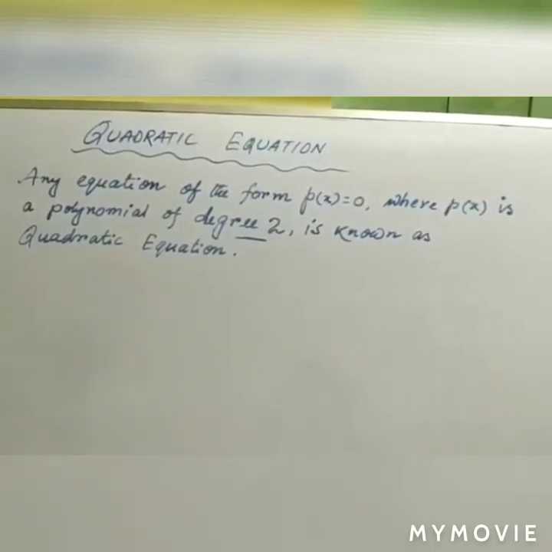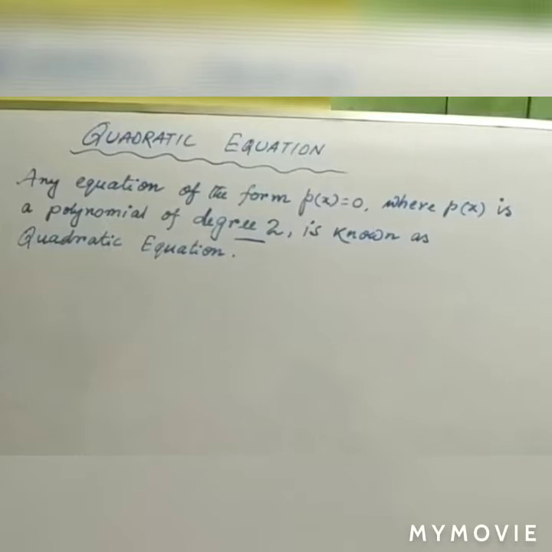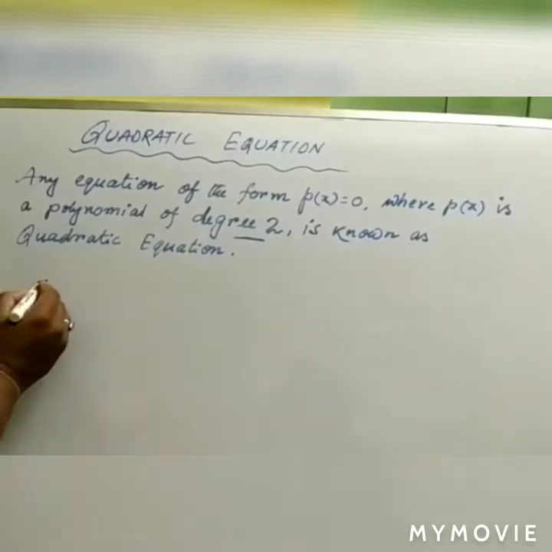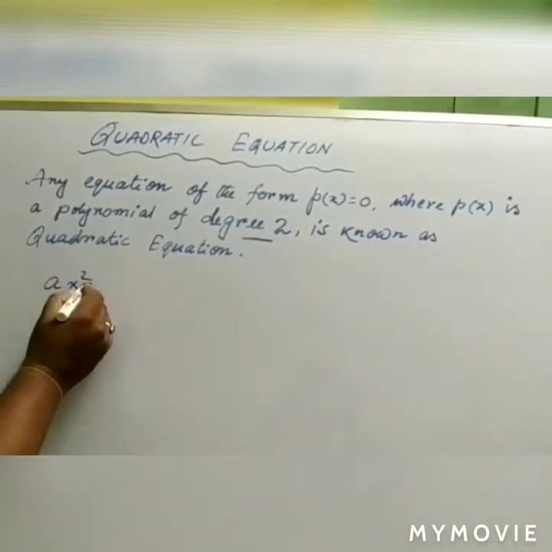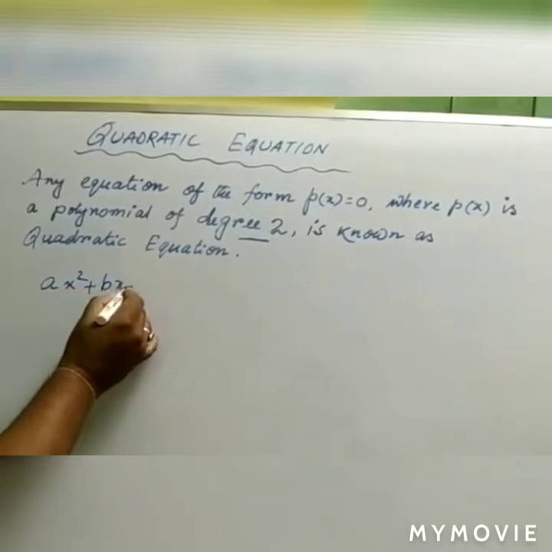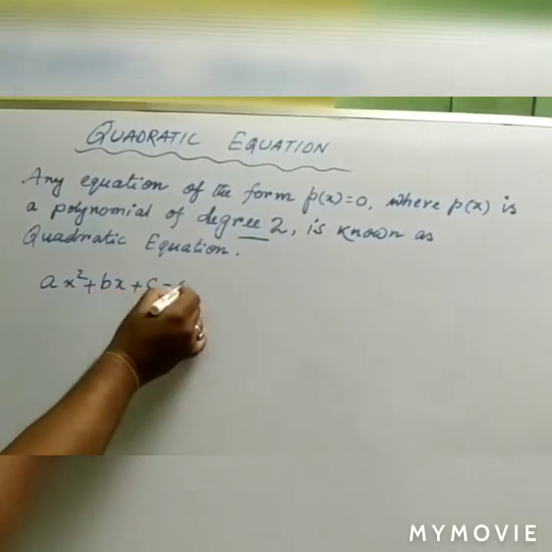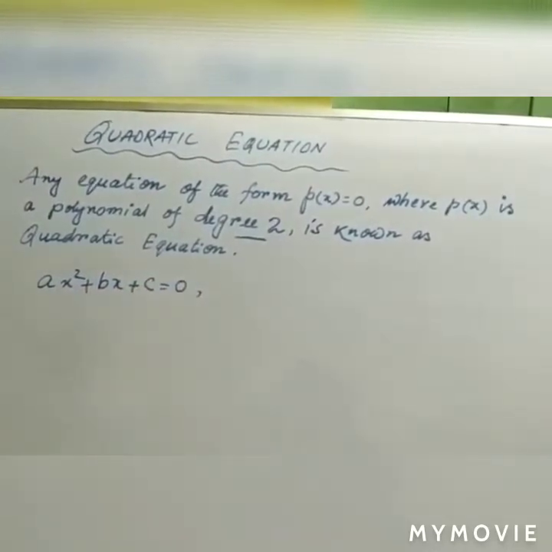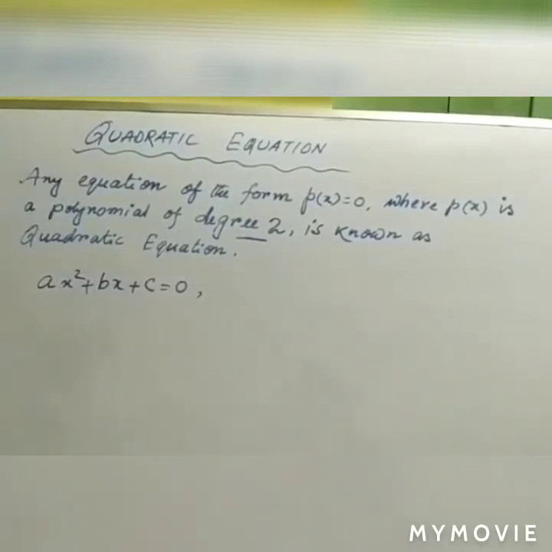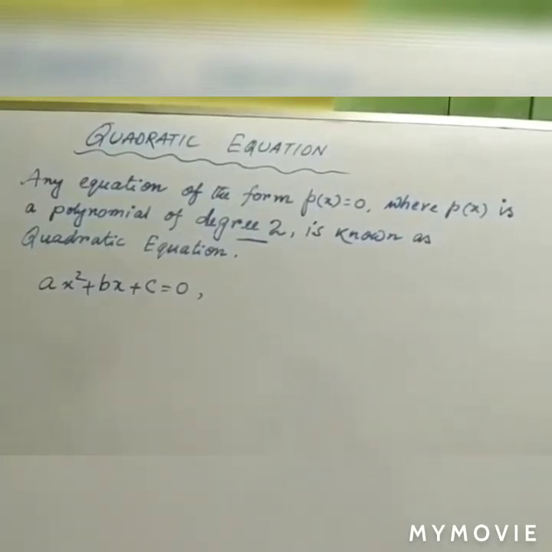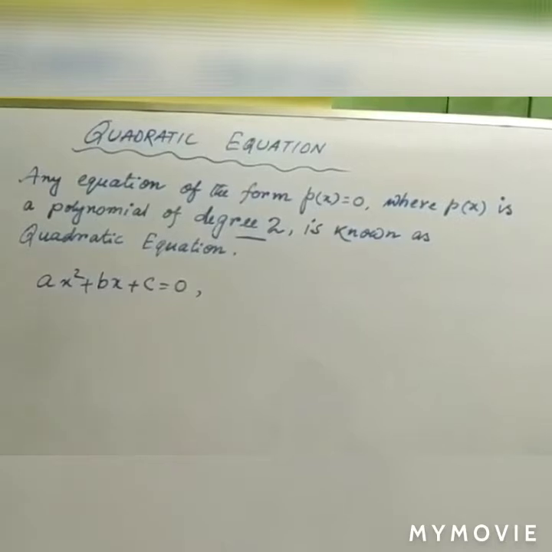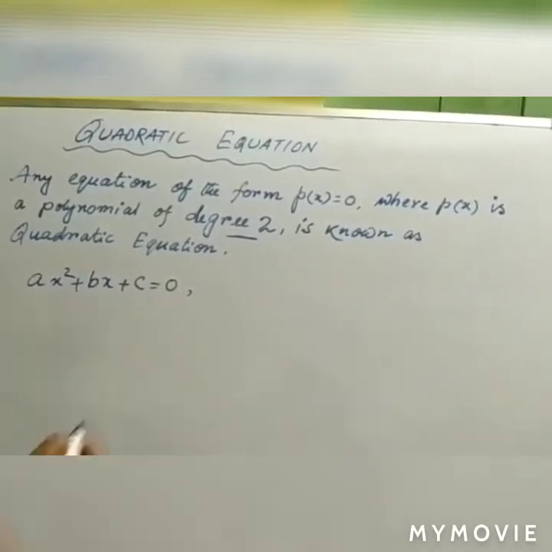It has a standard form, and that standard form is ax square plus bx plus c equals 0. This is the standard form of a quadratic equation, where a, b and c are all real numbers.